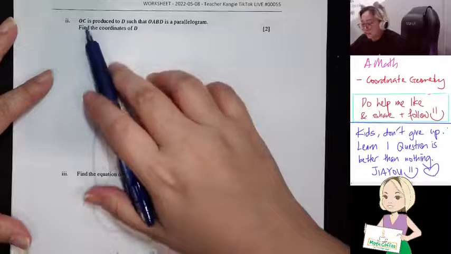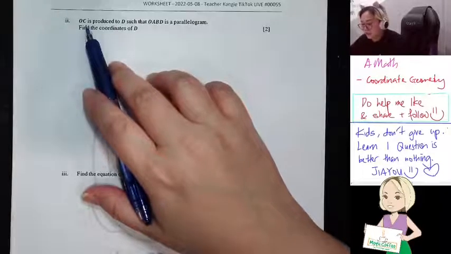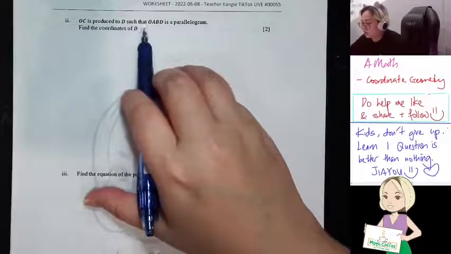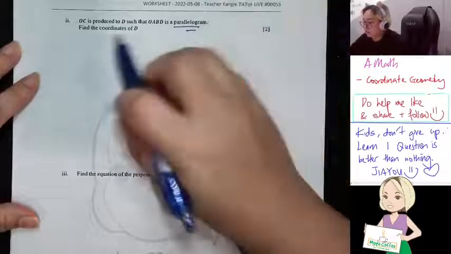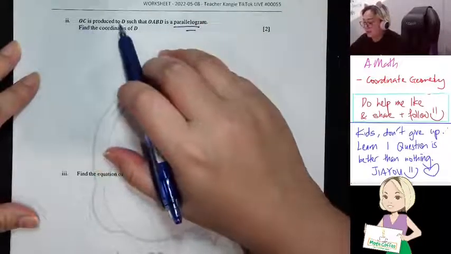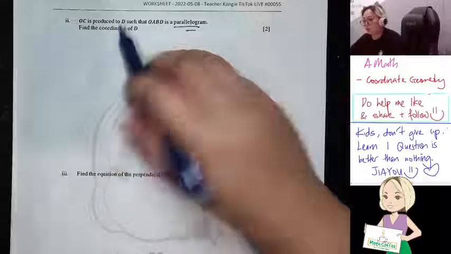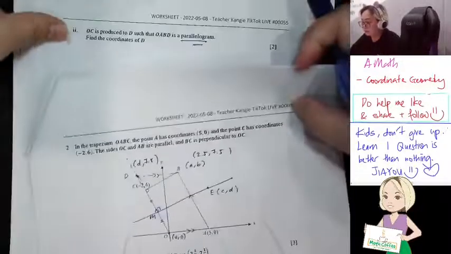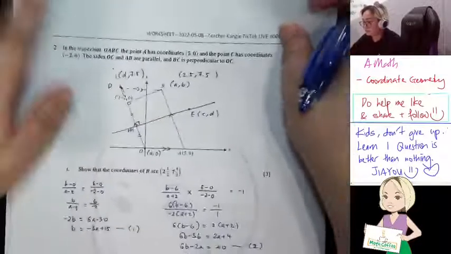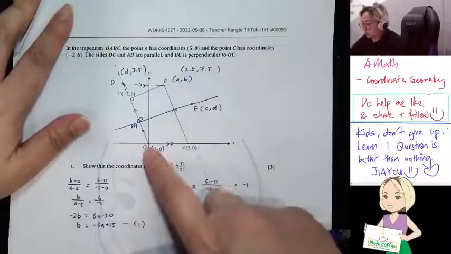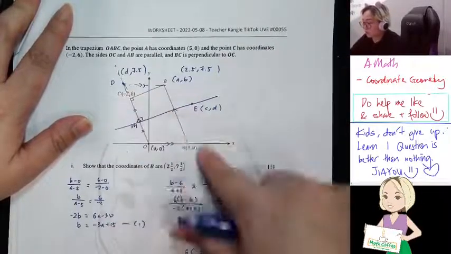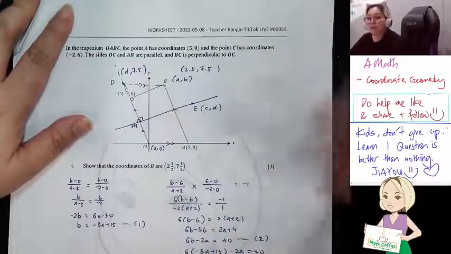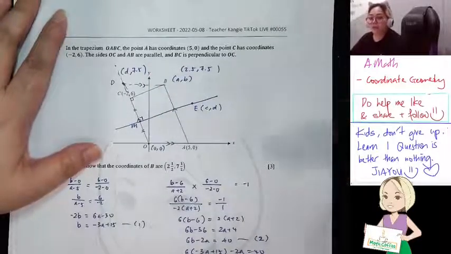Okay, so this one. Now they say that OC is produced to D such that OABD is a parallelogram. So let's go and look at OC and then after that D. So I'm going to show you. Come here. OC is produced so that it becomes a parallelogram. So parallelogram means opposite sides are equal, opposite sides are parallel.